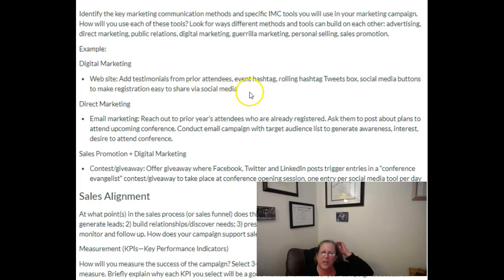You may have seen a campaign similar to this on your social media where they try to get people to register to vote. So that's kind of an example of that. Direct marketing: you might do email marketing, reaching out to the prior year's attendees who are already registered and asking them to post about plans to attend upcoming conferences.